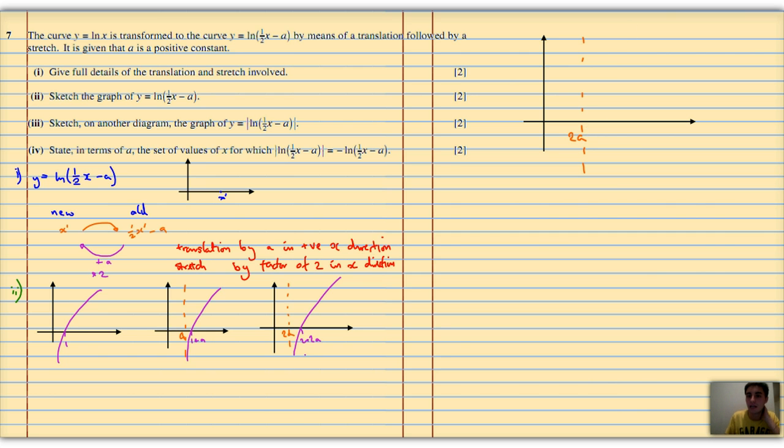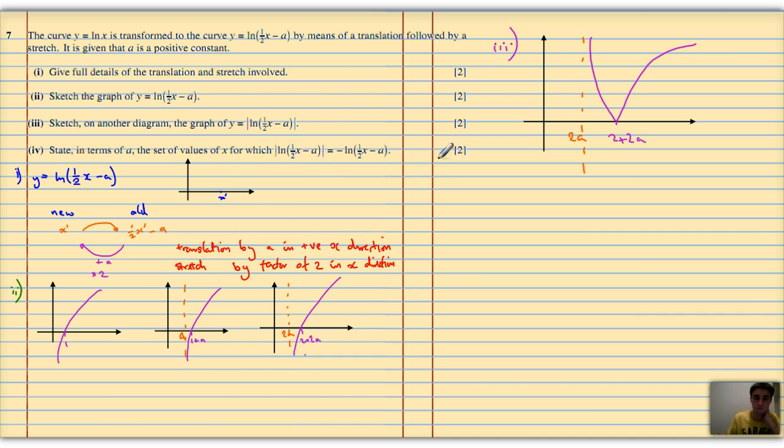Taking the mod just means that the values that were negative are now positive. So it's going to look something like that, where that is 2 plus 2a. Okay, great.